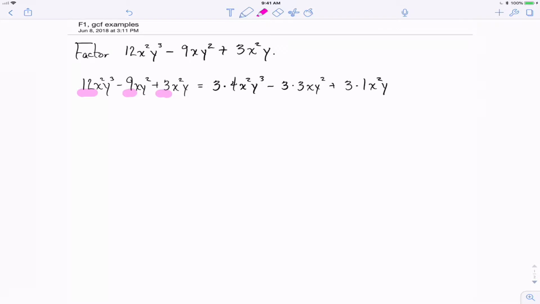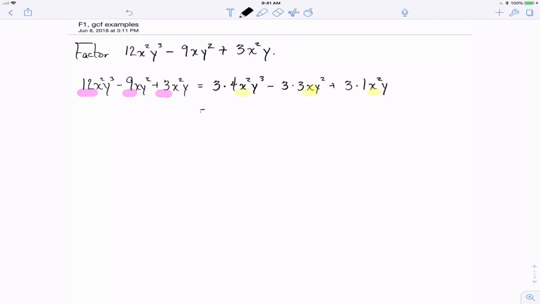Now, the next step, let's take a look at the x's, because notice that in the first term there's an x times an x. In the second term there's just a single x, and in the third term there's again an x times an x. So the most x's that I can take out of all three at once is just a single x.